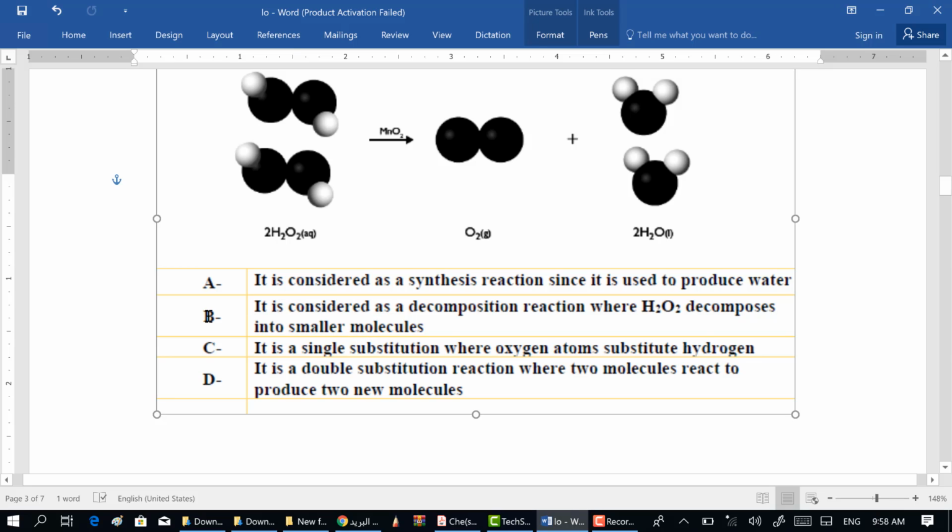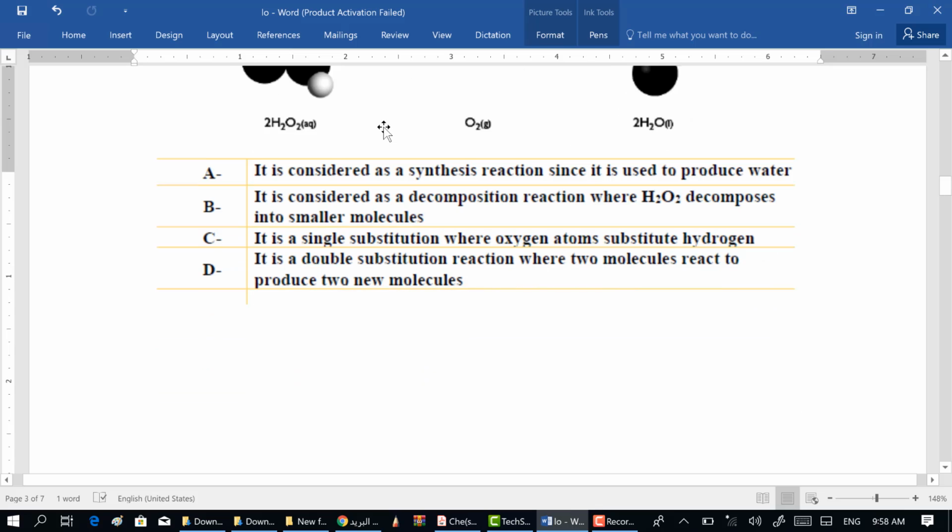Yes, so it will be the answer. Leaving the other choices, the single substitution, where the oxygen atom substitutes the hydrogen, is not correct. The double substitution reaction is not correct either. So it will be the decomposition reaction, since the hydrogen peroxide is changed into oxygen and water by the effect of the catalyst manganese dioxide.